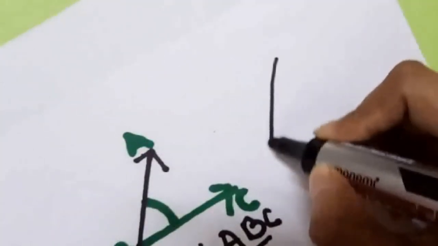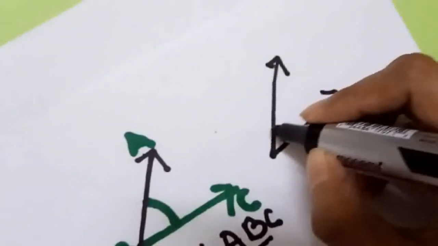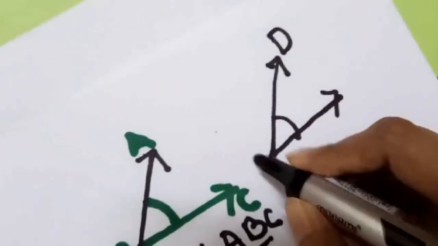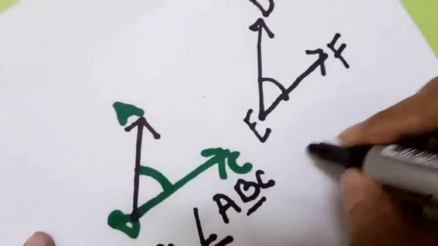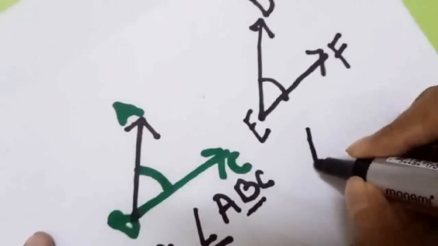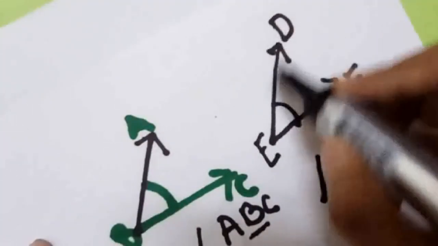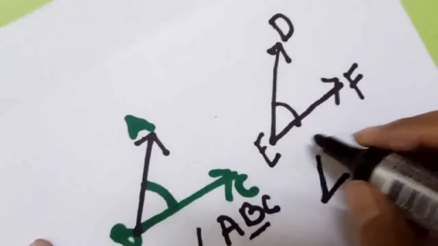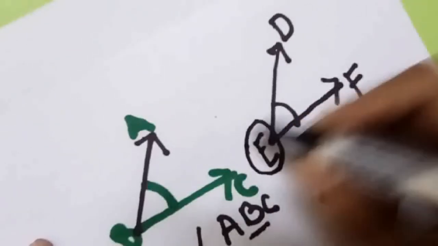If we draw another angle, I named it D, E, F. How to write this? First you have to give this angle sign. Then you have to start from D, E, F or F, E, D. Both are correct, but you have to write E in the middle.